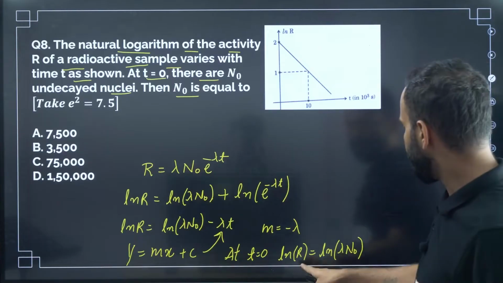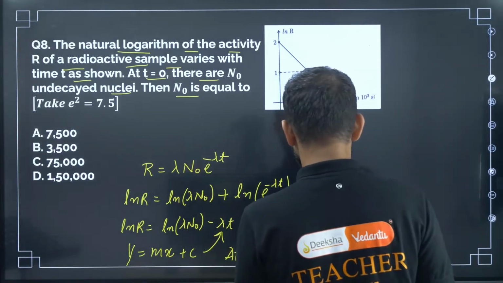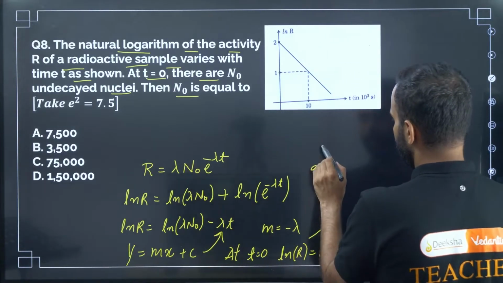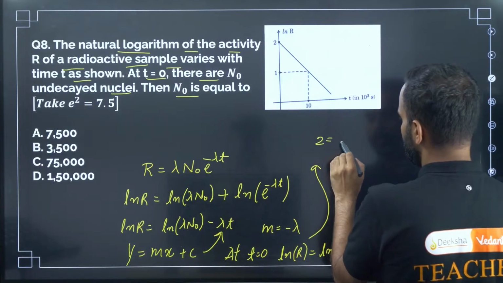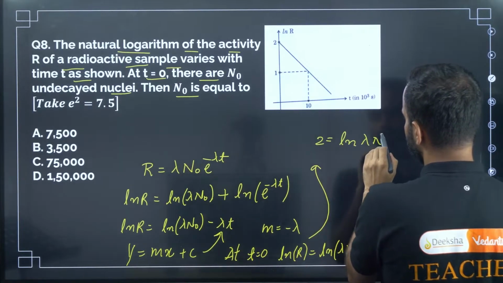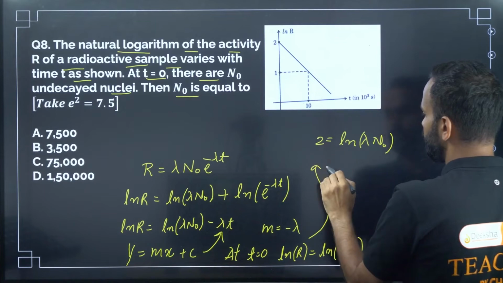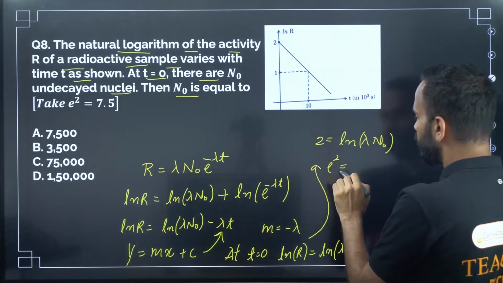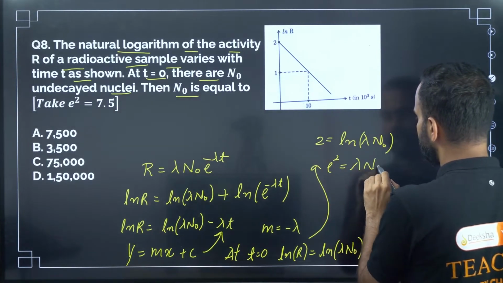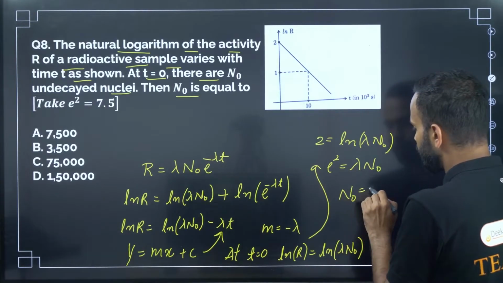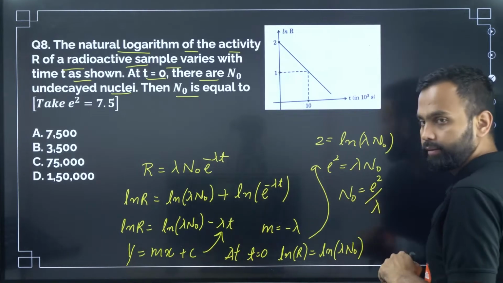It is 2. So 2 equal to ln of lambda into N naught. Now take antilog on both sides, e squared equal to lambda into N naught. So N naught equal to e squared divided by lambda.